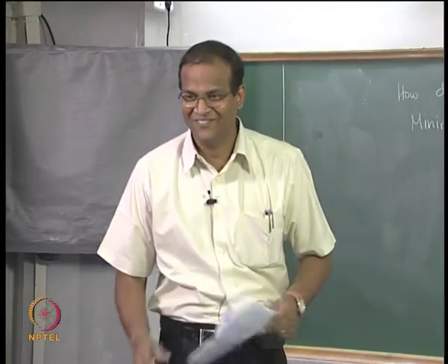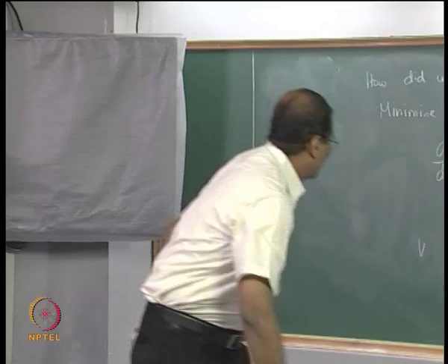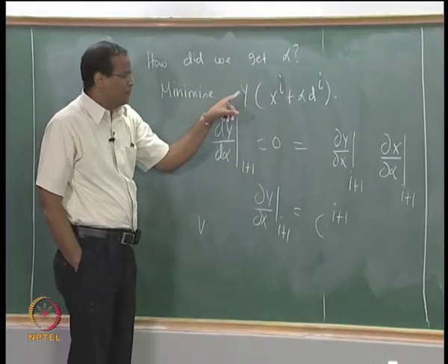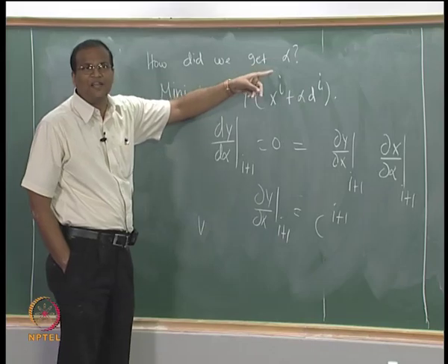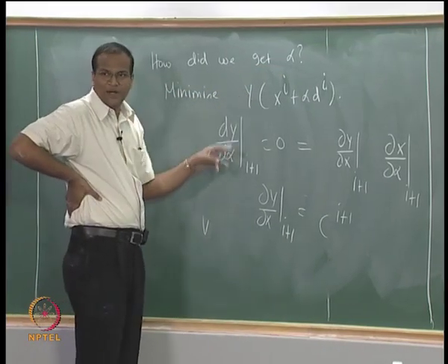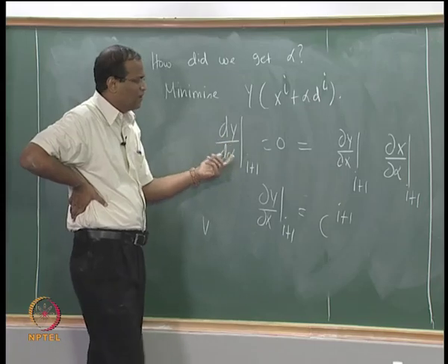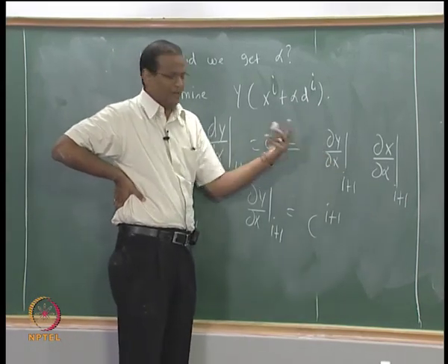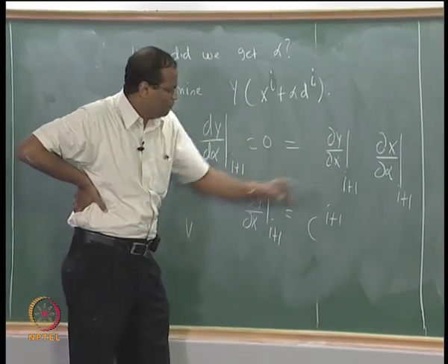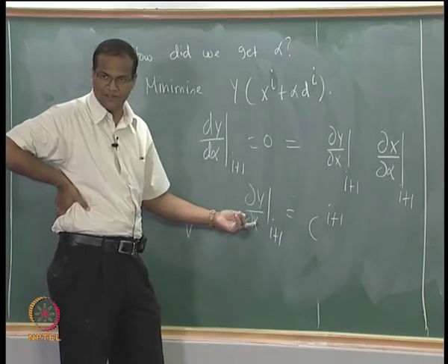Which one? Last part. I didn't do any cheating here. That's why I gave an example x1 minus 8 whole square plus x2. That's how you got alpha. You put dy by d alpha equal to 0. I am writing dy by d alpha as a product of two derivatives, dy by dx into dx by d alpha. Dy by dx is nothing but c at I plus 1 iteration.